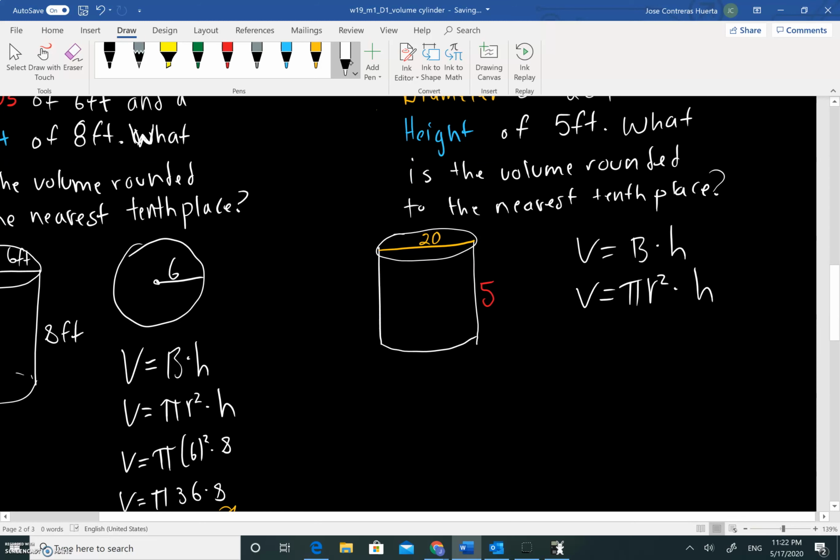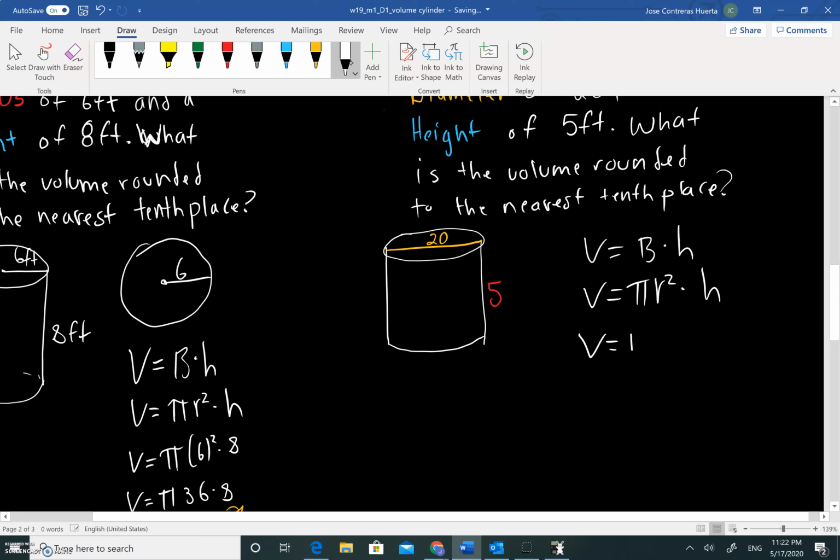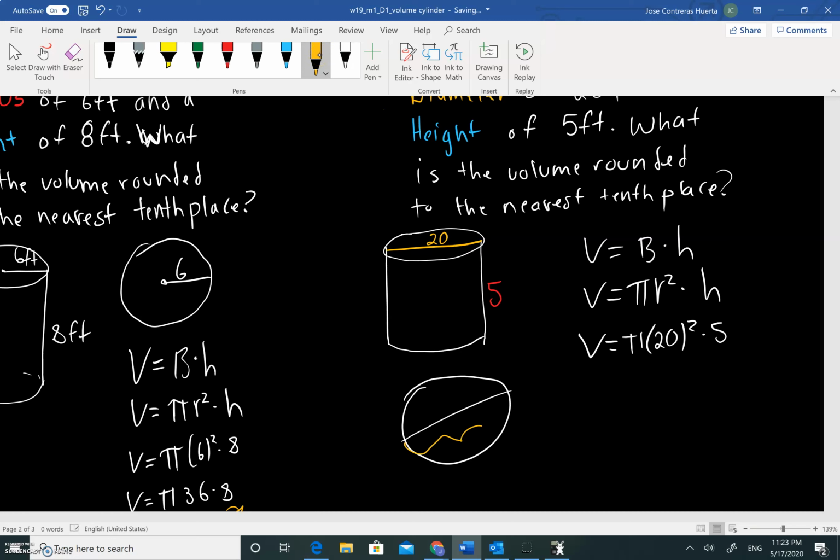So now when I plug in, do I do the following? So do I put 20 squared times 5? No, right? Because the top is a circle, but they gave me the diameter. So this whole thing is 20, but I don't need the diameter.